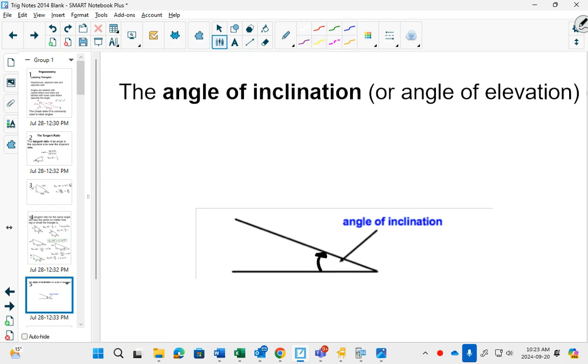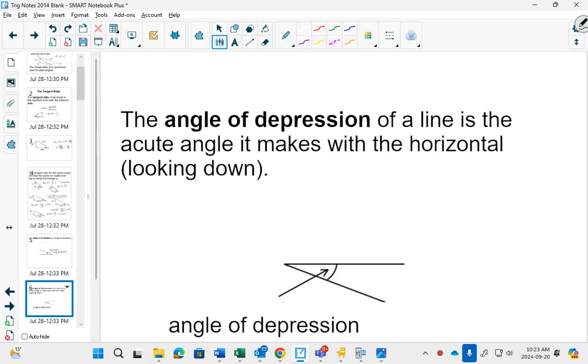Sometimes you'll see it in textbooks also as an angle of elevation. And if we're looking straight out and looking down, you can add an arrowhead to show that you're looking down from the horizontal line. That is an angle of depression.